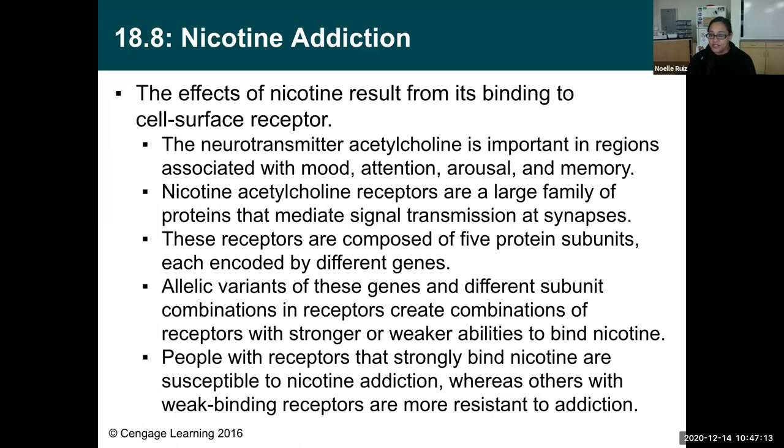What do your nicotine receptors look like in your cells? Those receptors are controlled by your genes and can either bind strongly, in which case people are more likely to become addicted to nicotine, or they bind weakly, in which case they most likely won't get addicted to nicotine.